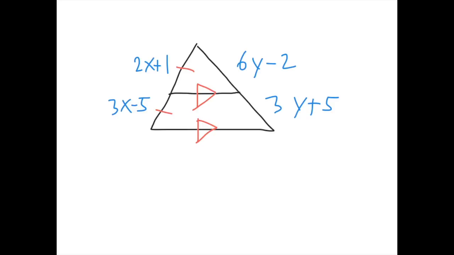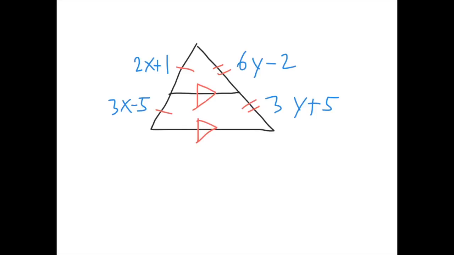The thing is, if they're proportional, which they are because it's cut by a parallel line, that means if these two sides are equal to each other, then so will these two sides. So we can throw in marks that these sides are equal to each other as well. And now we can just, in the first equation, in the first two sides, set them equal, solve for x. These two, set them equal, solve for y.